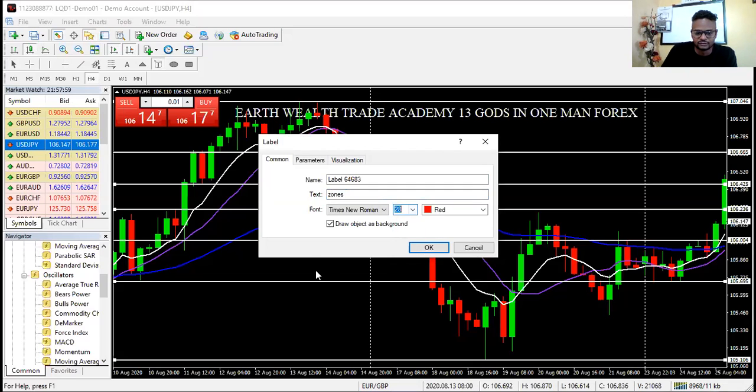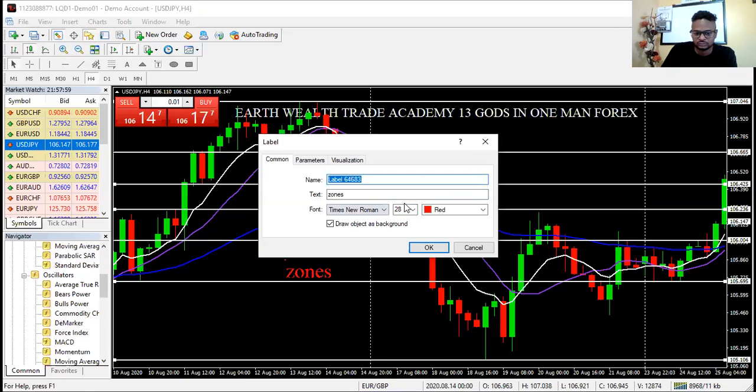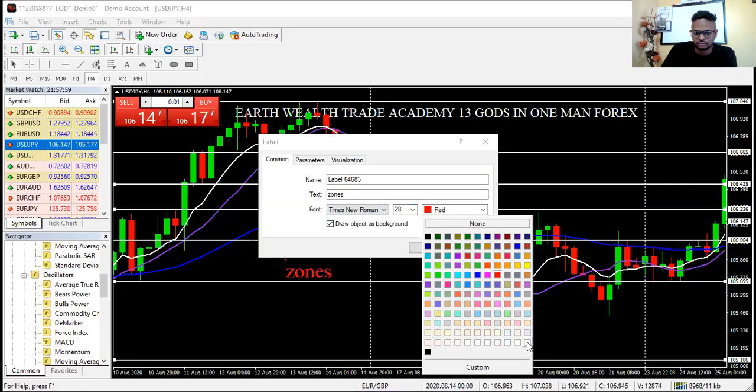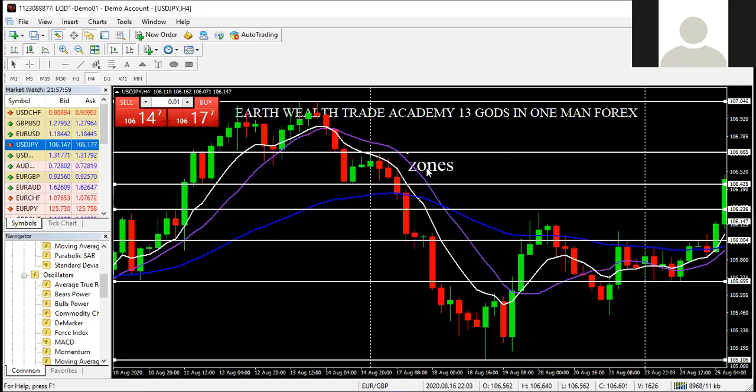All these areas here are known as zones. And within these zones, you have market structure and support and resistance happening right here, okay? This is a zone, this is a zone, all these areas are zones.